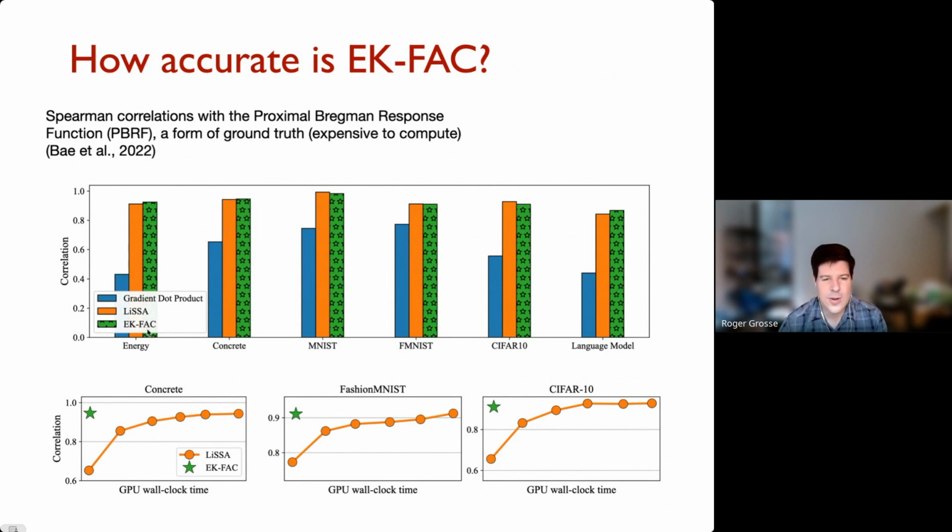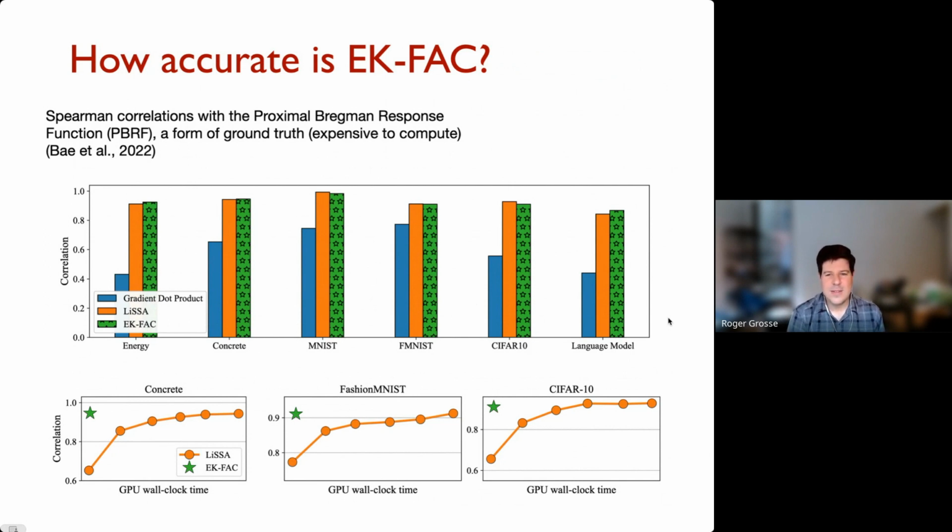So here are comparisons on various small academic data sets where we can actually compute this ground truth. And also one comparison on a small language model with 800 million parameters where we could make a good faith effort to approximate the ground truth.